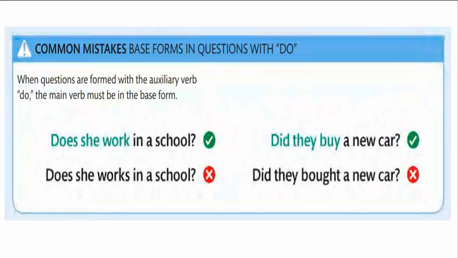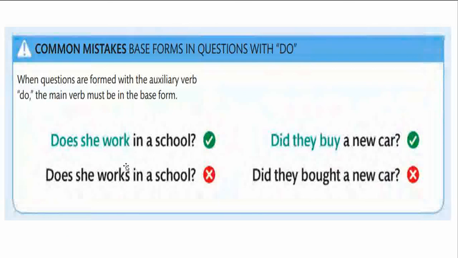There are certain common errors made by people when constructing sentences. We have just pointed out that the verb in the question will not take an s when you're constructing questions with did or does. Let us see. When questions are formed with an auxiliary verb do form, that is does and did, the main verb must be in the base form. That means without an s. Does she work in a school?